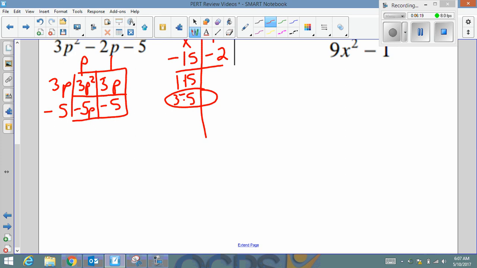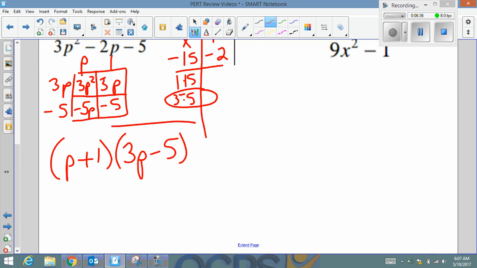Do a quick multiply to check. 3p times p is 3p squared. 3p times 1 is 3p. P times negative 5 is negative 5p. Negative 5 times 1 is negative 5. So my answer, and it doesn't matter what order you write it in. If you wrote 3p minus 5 times p plus 1, that's fine.